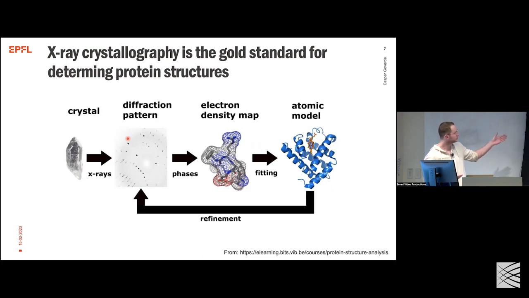And then when you shoot these crystals with very powerful X-rays, you get a diffraction pattern. Then you release some clever algorithms on them, which gives you an electron density map, and since generally you know the sequence that this protein has, you can fit an atomic model to this electron density map.